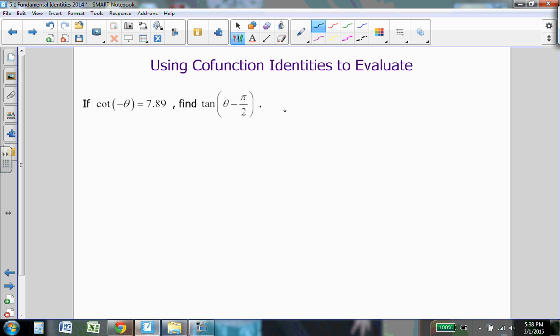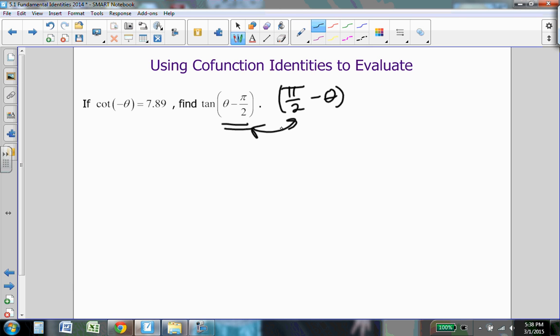Now this one uses some of our cofunction identities and a little bit of even and odd identities. So we're starting out with the cotangent of negative theta, finding the tangent of theta minus pi over 2. Now notice that this is a little bit different. The identities that we had for cofunction had pi over 2 minus theta.